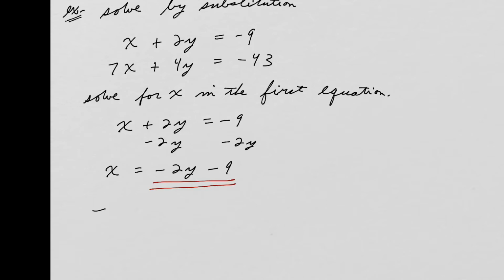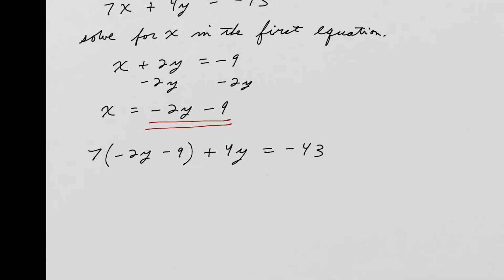So 7 times x now, but x is the same as -2y minus 9, equals -43. Now notice this equation now is just in terms of one variable, right? It's just in terms of y. So we can solve this for y. So I'll distribute the 7. So I have -14y. 7 times -9 is -63.